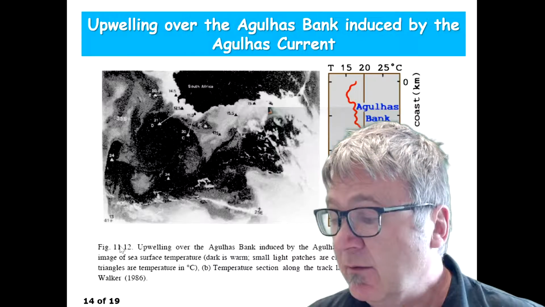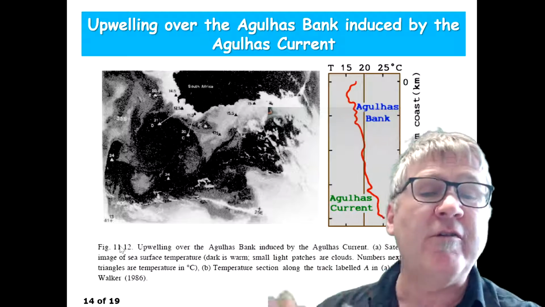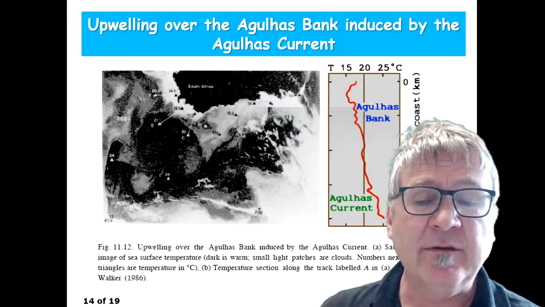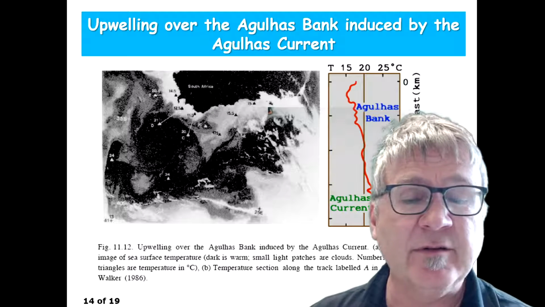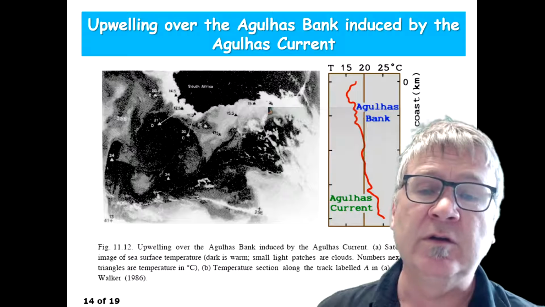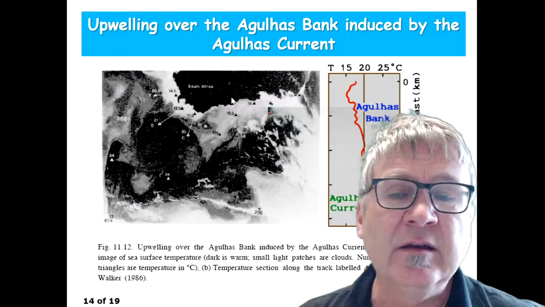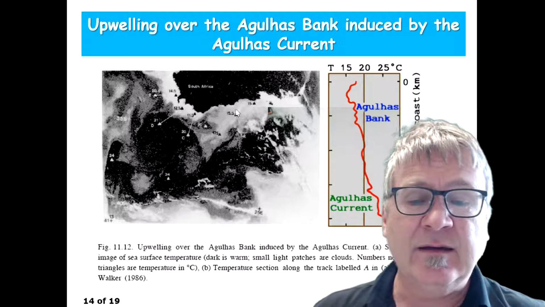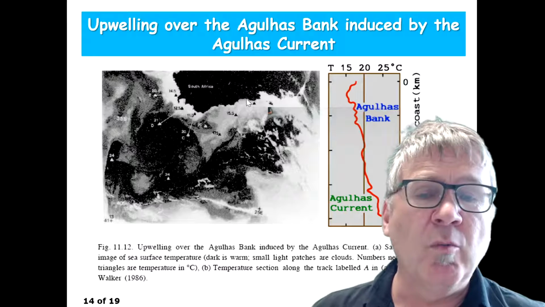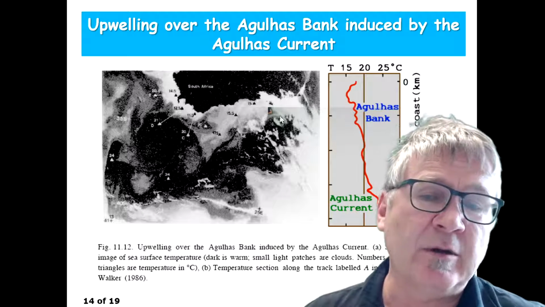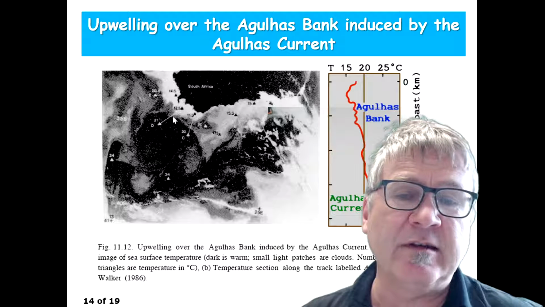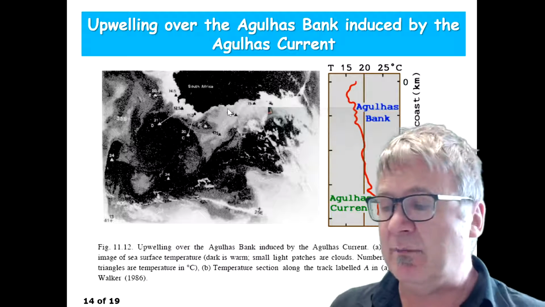Okay. So on the next one, it shows you very, very old satellite observations. You can see South Africa here, the coastline, and dark is warm water, and the brighter water is actually upwelled water. And you can see the numbers tell you the temperature.